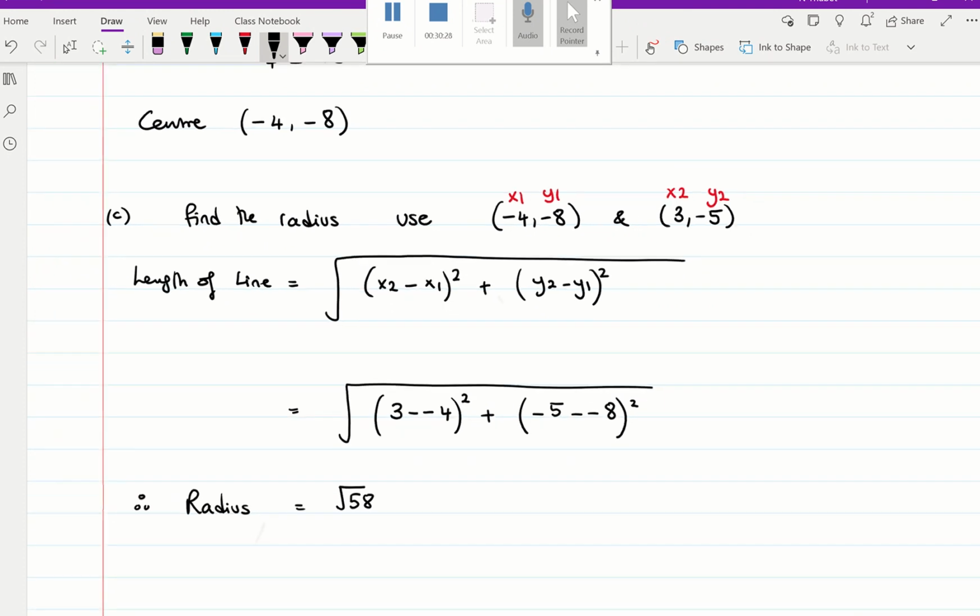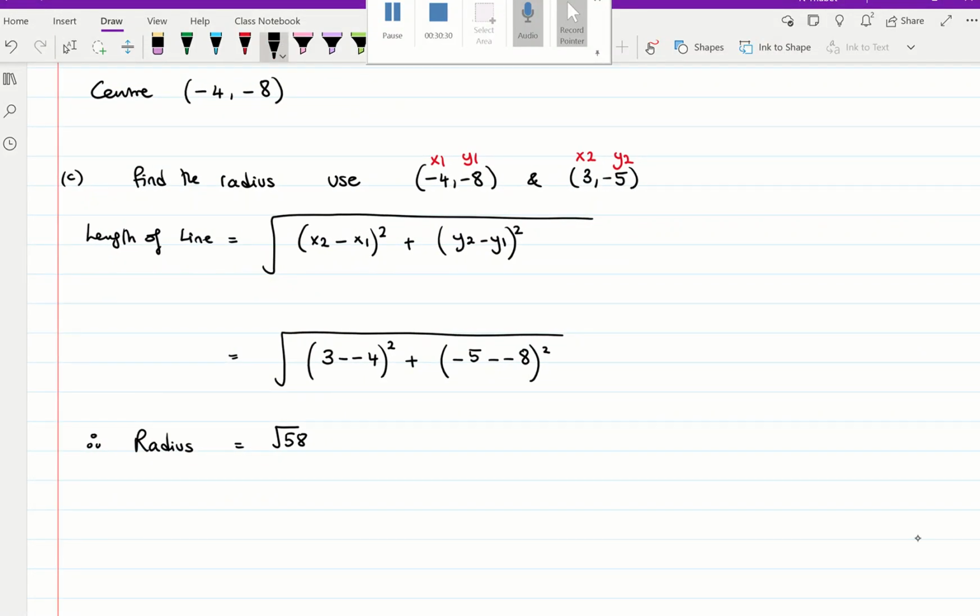So the equation of the circle is going to be x. Since this is a negative 4, in the bracket it's a plus 4 squared, always a plus. Y, again, since this is a minus, then inside the bracket it's a plus squared. And it's always this radius squared.